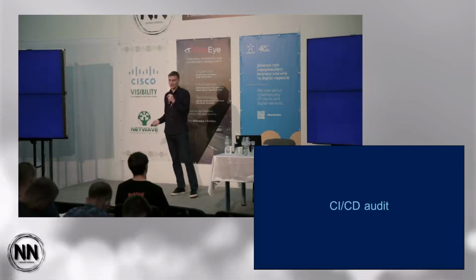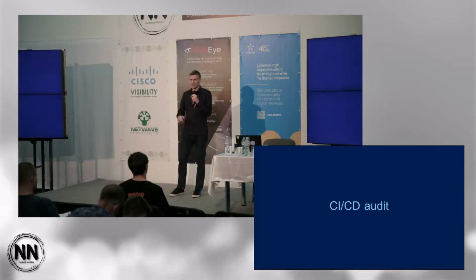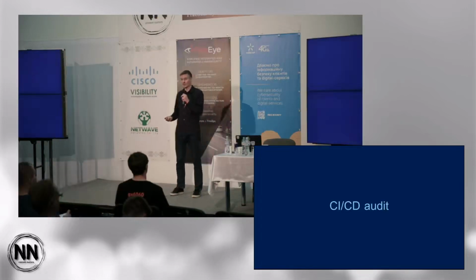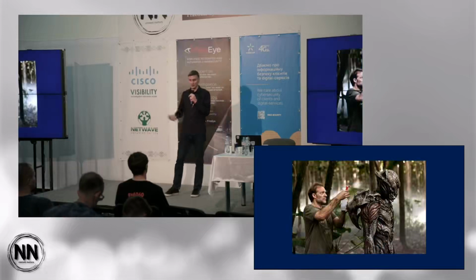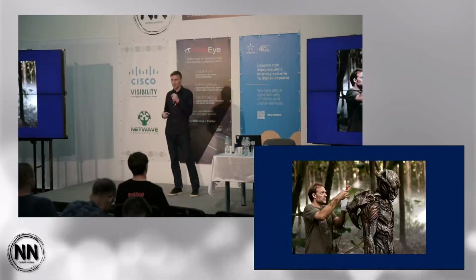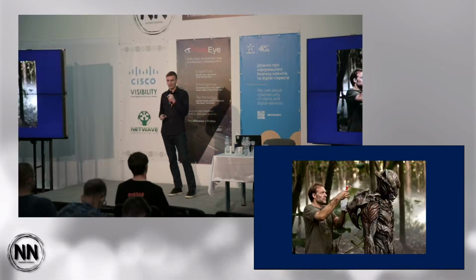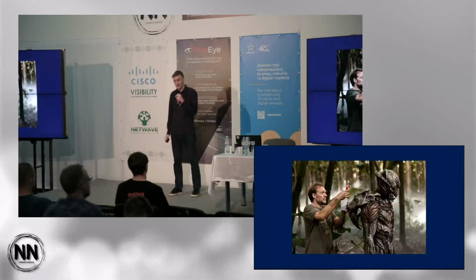CI and CD audit: you built the application, you know more or less how it works, you know how they built their application, but how they sign it, how they distribute it, there are small bits, and sometimes their CI and CD system is bad, sometimes their Jenkins is on port 80, and sometimes their certificates are stored everywhere on the developers' machines, and you can sign anything with that certificate.